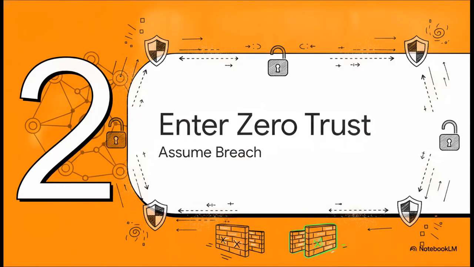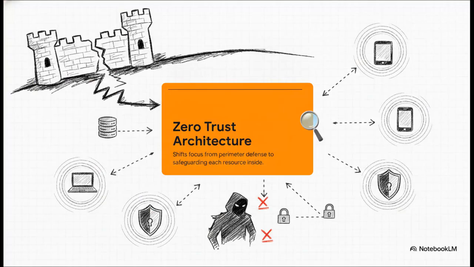All right, let's pivot to the solution and see how a completely new philosophy changes the game. Chapter 2, enter zero trust, and the concept of assume breach. So instead of digging a moat outside your castle, zero trust is all about assuming a breach has already happened and safeguarding every single individual resource inside.